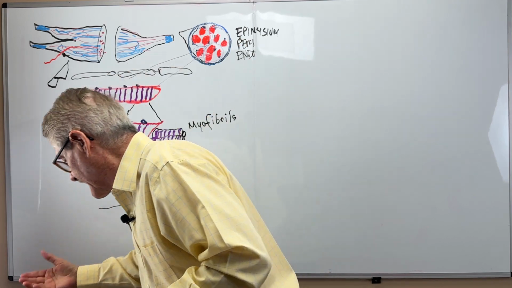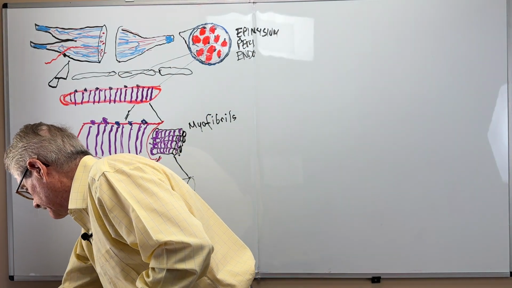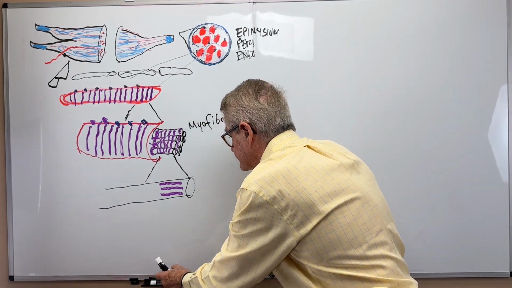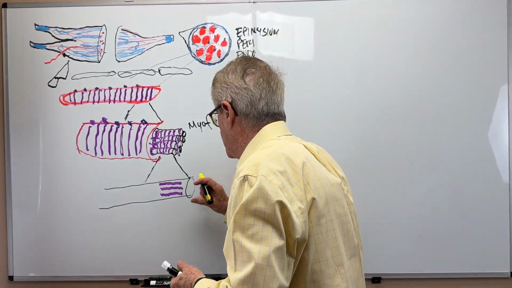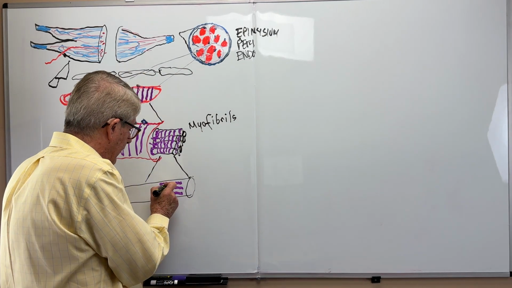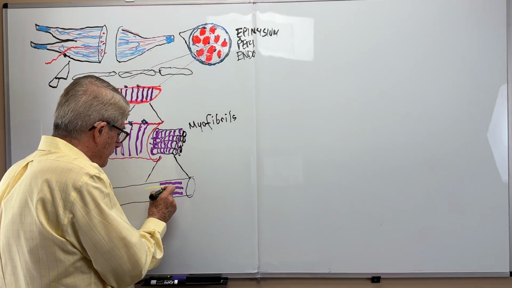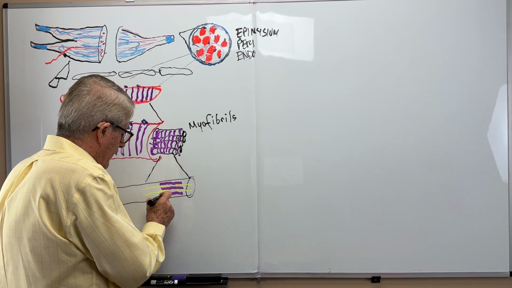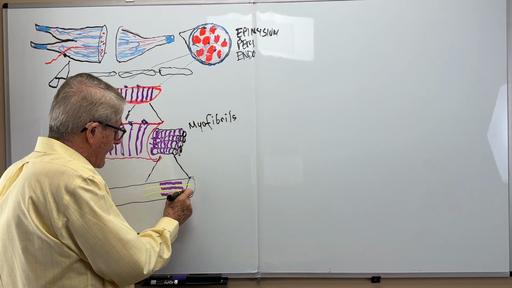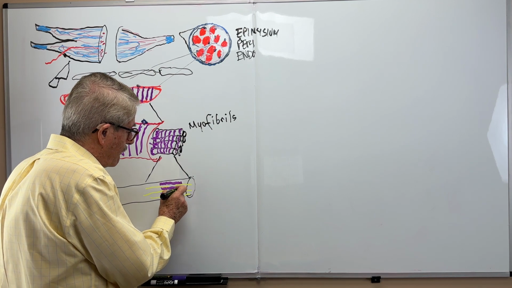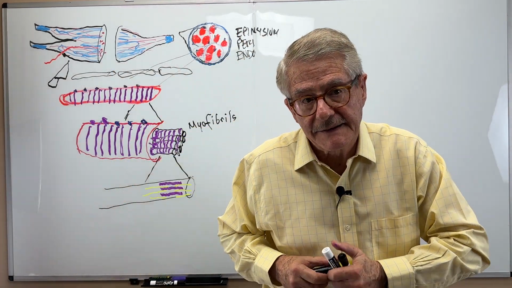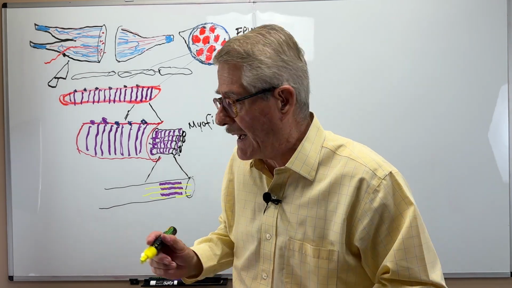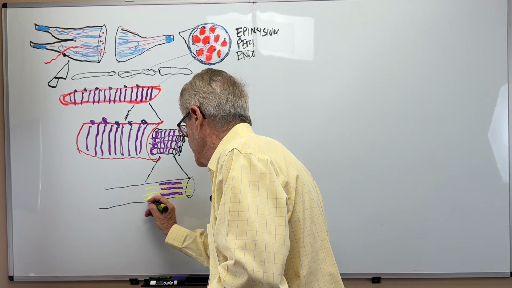The thin filaments, I'll draw in a different color, perhaps yellow, which will give you the impression of being lighter. The thin filaments are the filaments of actin. In other words, the area where the thick filaments of myosin are is darker than the area composed of the filaments of actin.